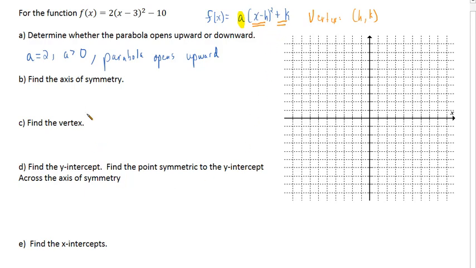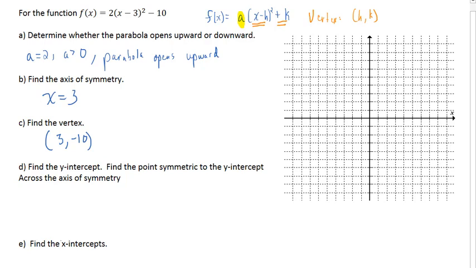So I'm going to answer part C first. Find the vertex. The vertex is 3, negative 10. And so then the axis of symmetry, remember, the vertex is on the axis of symmetry. It's on the vertical line that the vertex is on. Okay, so the axis of symmetry is then x equals 3.